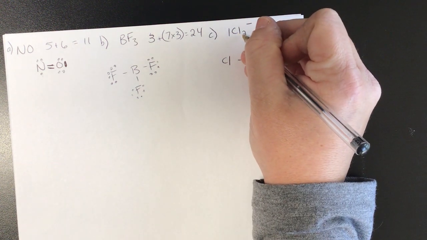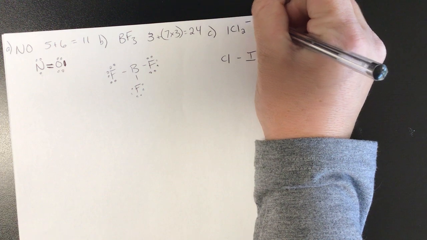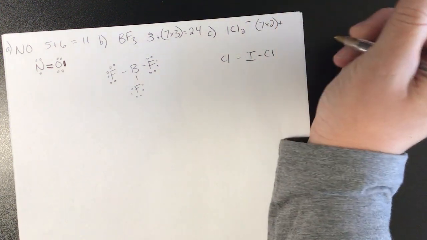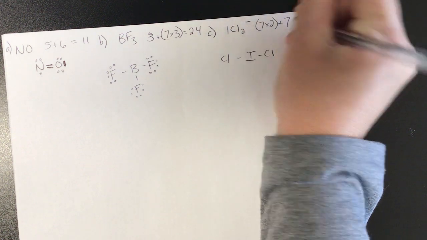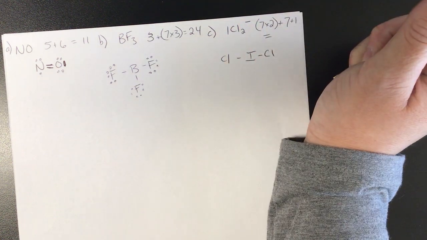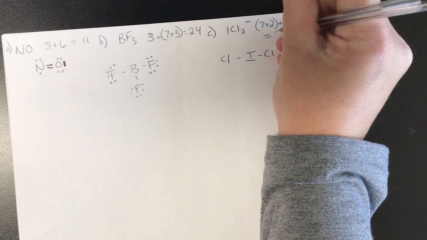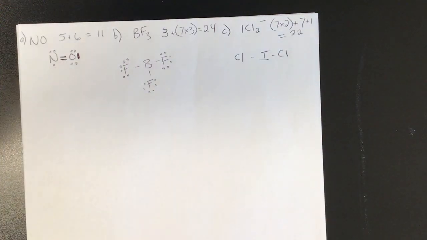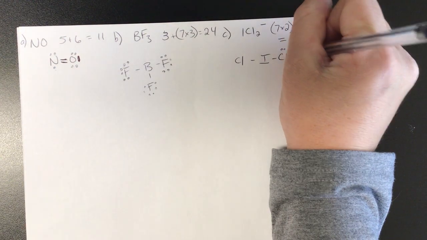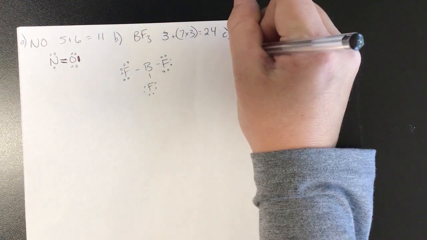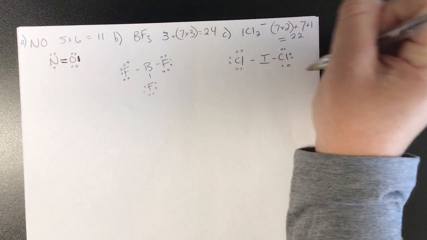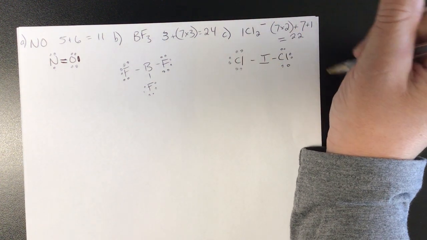We have 2 chlorine, which have 7 each, and then another 7 with iodine, and then we have a +1 for that negative charge. So we have 22 electrons. We can start by putting our lone pairs around the outside chlorines, and we've used 16.